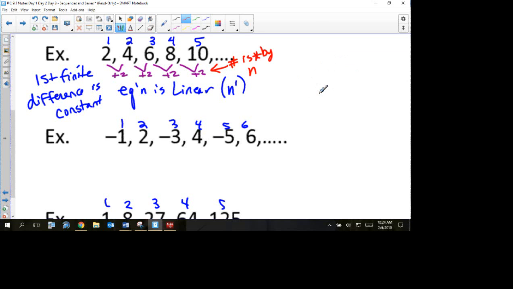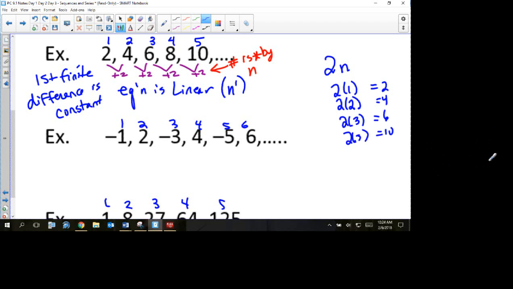So I know my equation to start is going to be that number, that plus 2, multiplied by n, and it's to the first power. Now all I have to do is start plugging in 1, 2, 3, and seeing if it equals those numbers, or if I have to maybe add something or subtract something after that. So I do, like 2 times 1, does that equal 2? 2 times the second term, does that equal 4? 2 times 3, does that equal 6? 2 times 5, does that equal 10?